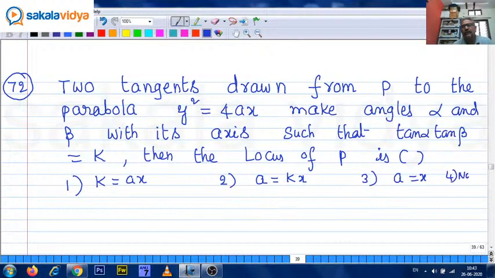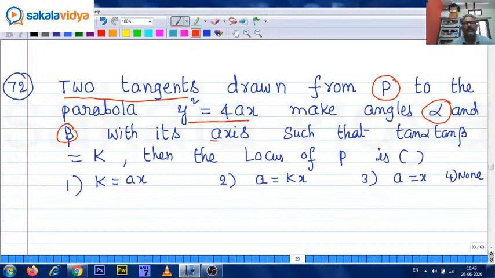Fourth, none. Two tangents drawn from P to the parabola y square is equal to 4ax make angles alpha, beta with the axis, means x-axis, such that tan alpha into tan beta is equal to k. Then we need to find the locus of P.